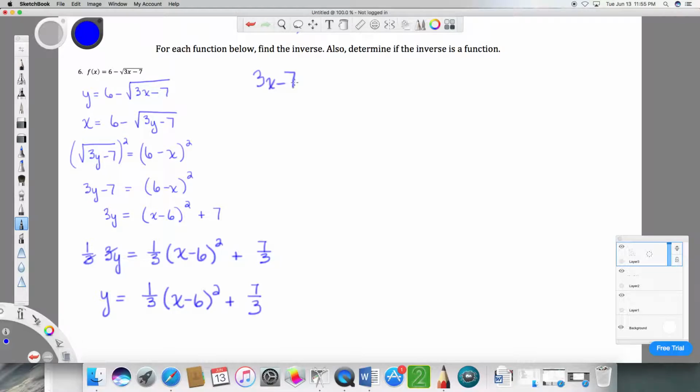This 3x minus 7, I need that to be 0 or positive. So I'm going to add 7 to each side and then divide by 3. So I know then that the domain of this function f is 7/3 or larger.